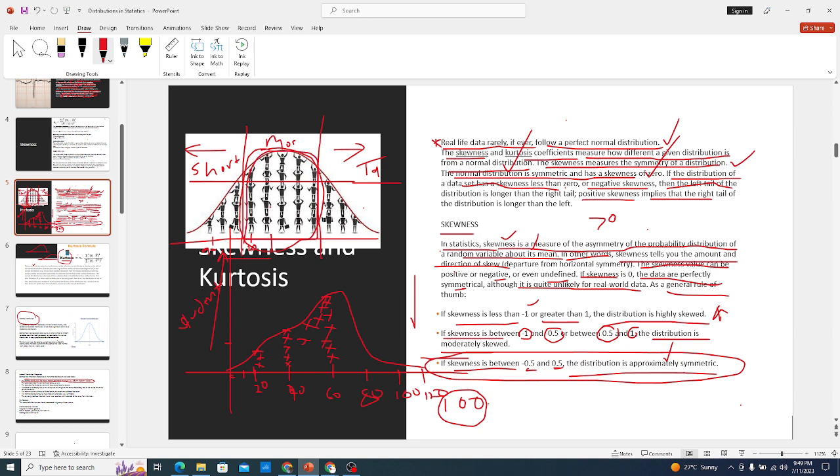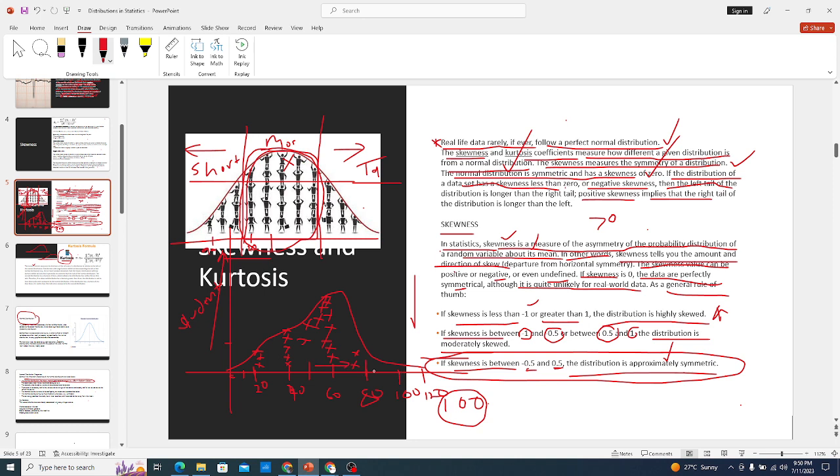So that's why in this curve we have this peak at the point where we have the maximum. The same applies to weight. We'll have most of the students weighing between maybe 50 and 80 kilograms.